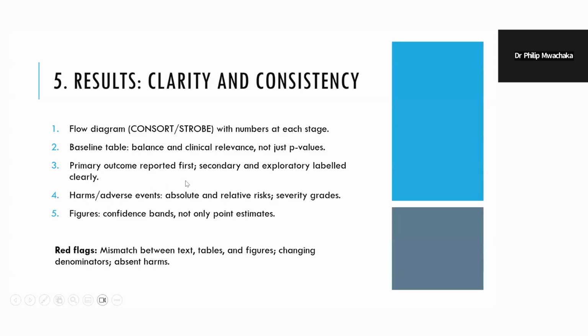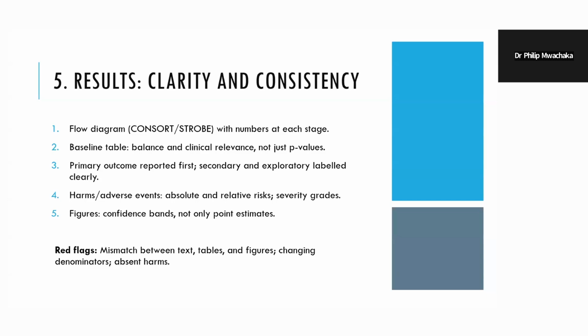Okay. You also need to look at things like the primary outcome. It has to be reported first, and then secondary and other outcomes in that order. The method should state clearly the primary outcome.